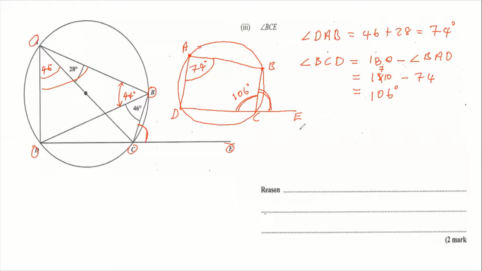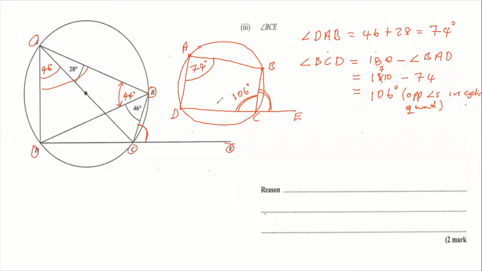All right. And the reason for this was what? Opposite angles in a cyclic quadrilateral, all right? Because we know that they sum to 180, so we can subtract it from 180, and we get this.